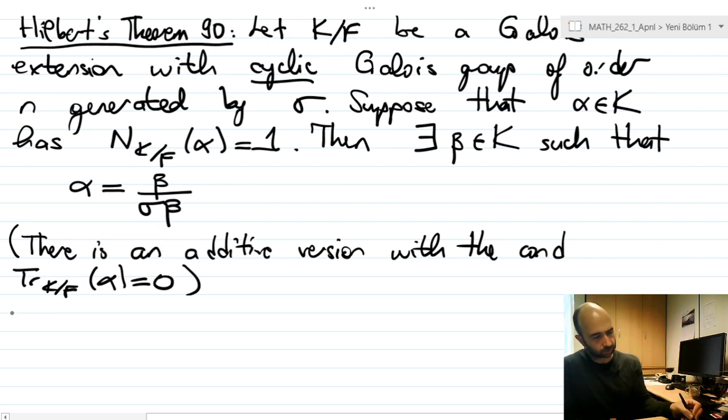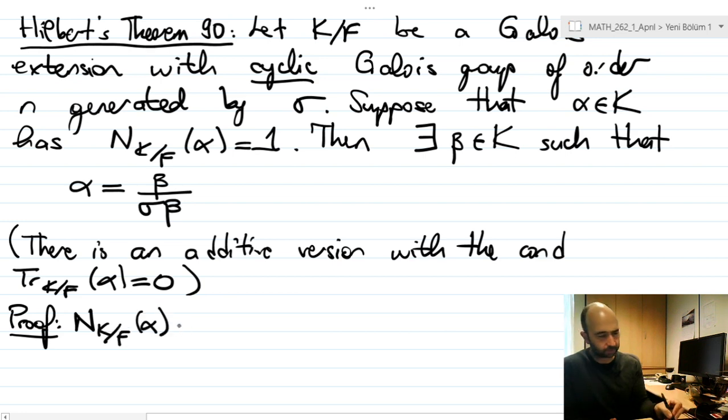Okay, let's prove this now. Let's write down the norm of alpha explicitly. Well, the point is we know all elements of the Galois group and they are given by powers of sigma.